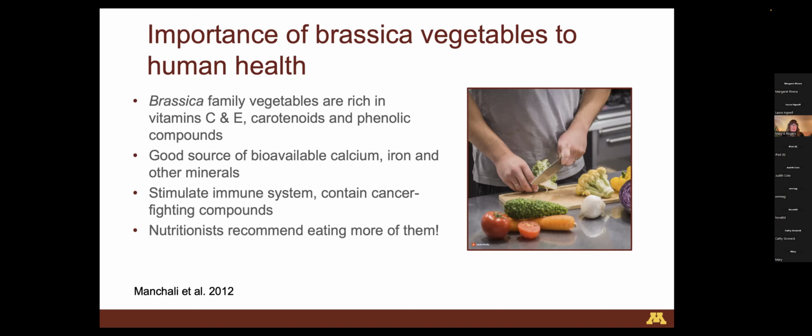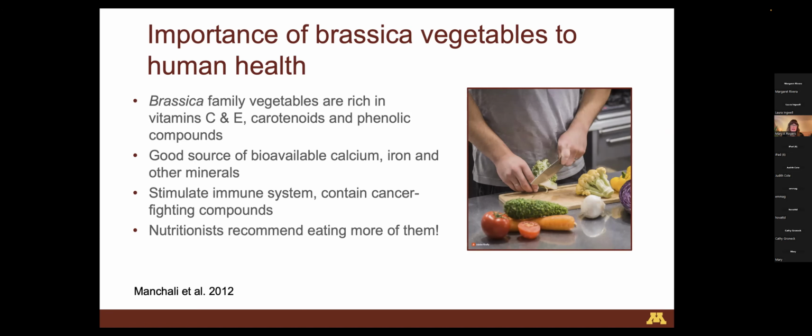So we know that they're rich in vitamin C and E, carotenoids, all these really healthful phenolic compounds, antioxidants. They help fight cancer and degenerative diseases. They help stimulate the immune system, a good source of bioavailable calcium and iron. So in general, nutritionists recommend eating more of them.